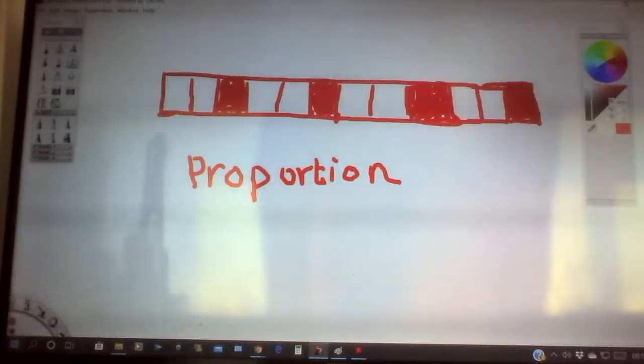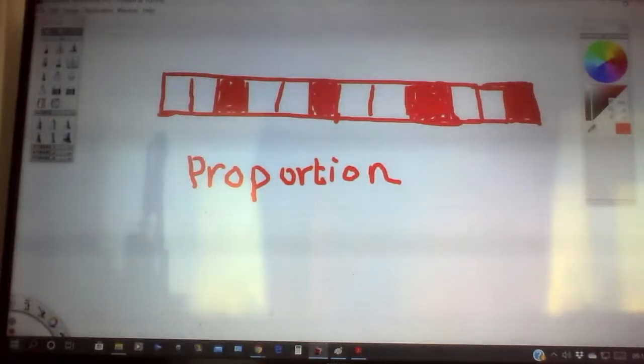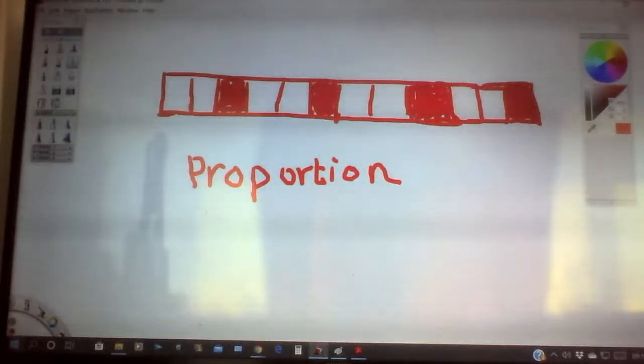Okay, so I'm going to read out my definition. You should have this word written on your bit of paper. So, maths: a quantity of something that is a part or share of the whole. So write this down if you haven't got a good definition. A quantity of something that is a part or share of the whole.